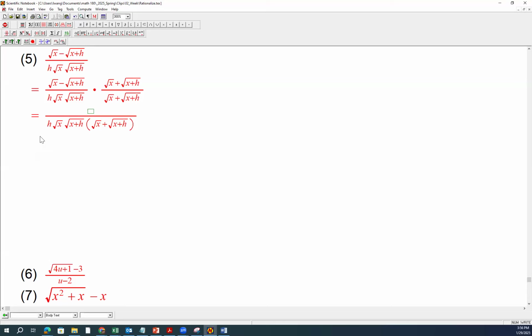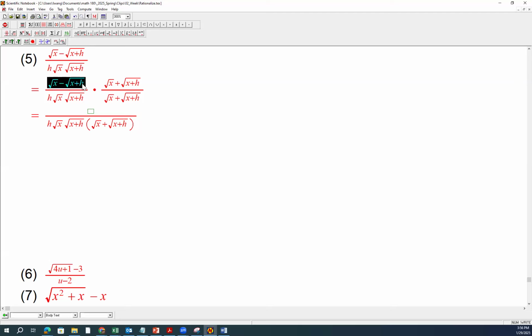Then you may ask the question, should I distribute this to the inside to get 2 other terms? My answer is don't do anything. Keep it as a factored form, okay? So keep this denominator, don't do any distribution, all right? And you will be grateful when you're in calculus class for listening to me at this moment.